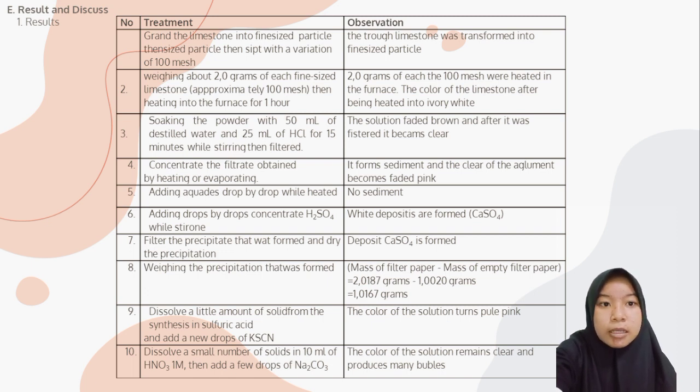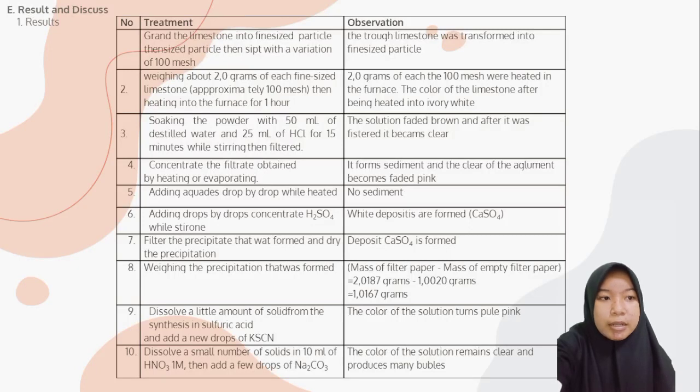3. Treatment: soak the powder with 50 ml of distilled water and 25 ml of HCl for 50 minutes while stirring. Observation: the solution turned faded brown, and after it was filtered it became clear. 4. Treatment: concentrate the filtrate by heating or evaporating.